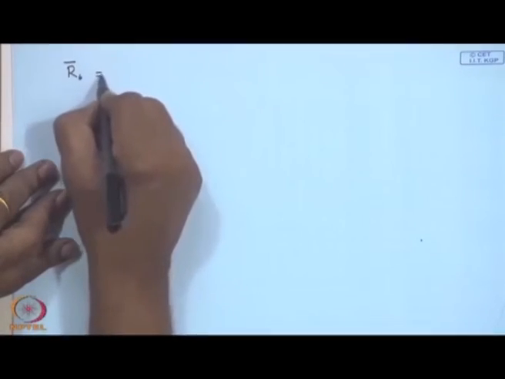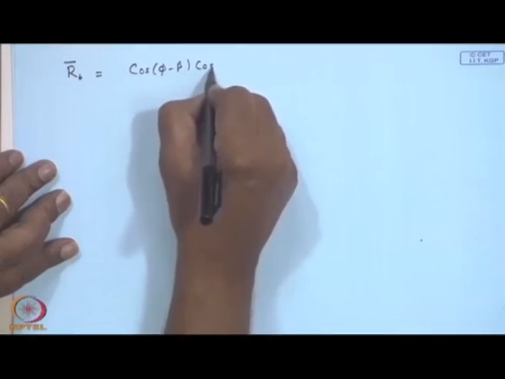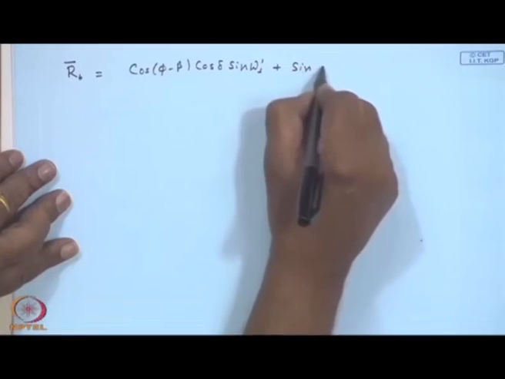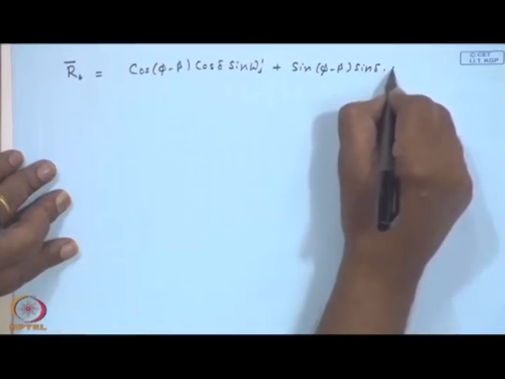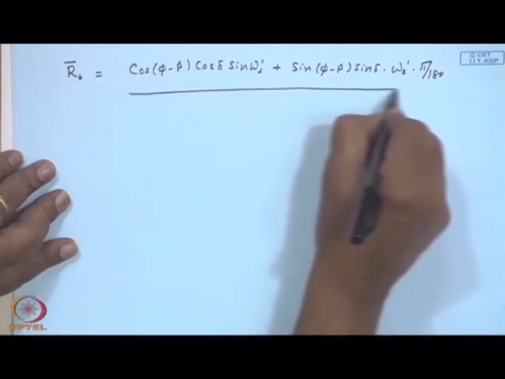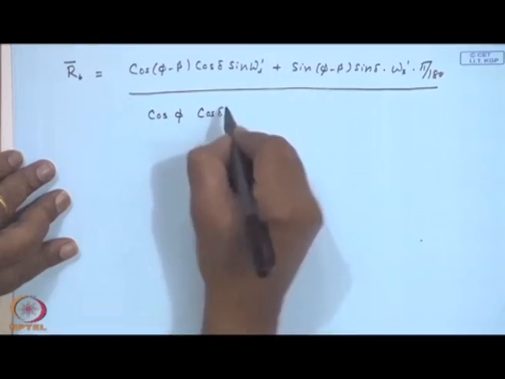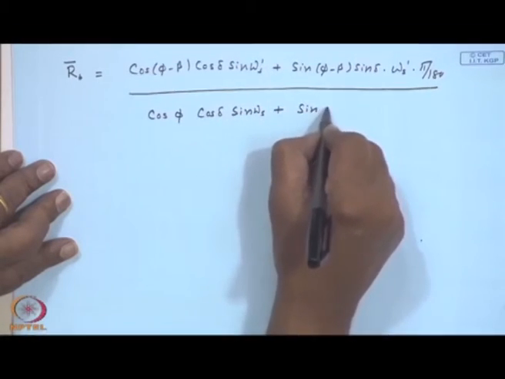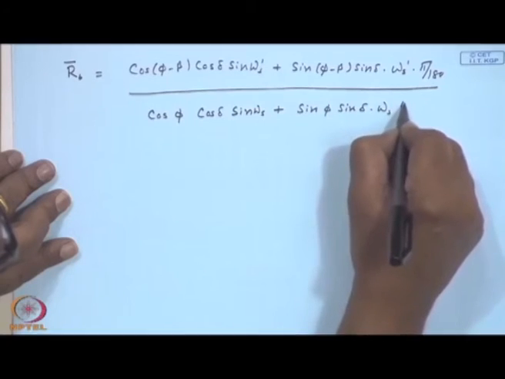We need R b bar, which is again cos(phi minus beta) cos delta sin omega s dashed plus sin(phi minus beta) sin delta into omega s dashed into the conversion factor pi by 180, upon cos theta z, which is cos phi cos delta sin omega s plus sin phi sin delta omega s pi by 180.